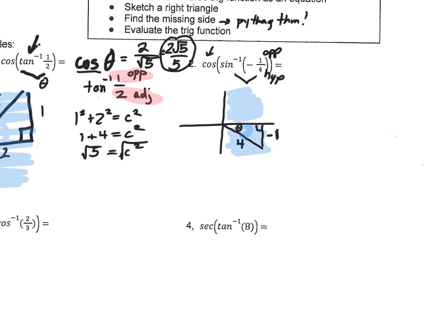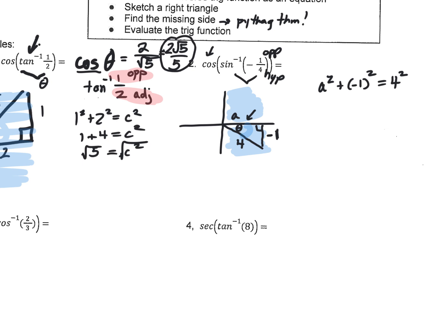Do you see your drawing will tell you which piece is negative, won't it? Now, Pythagorean theorem says I need to find this side right here, don't I? So we'll call that A if you want, and then fill it in. So A squared plus B squared equals C squared.